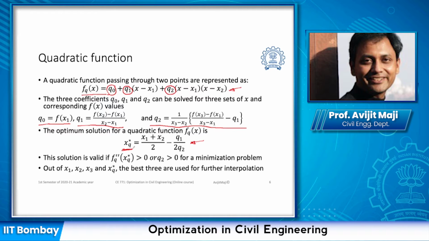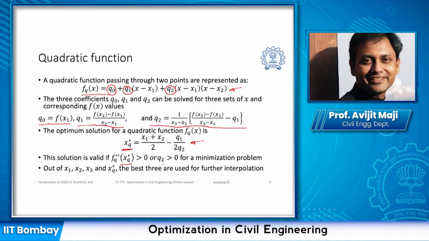Now this solution is valid if the second order derivative of the quadratic function at this optimum point is greater than 0, that is when the function is going to yield minimum in case of minimization problem.